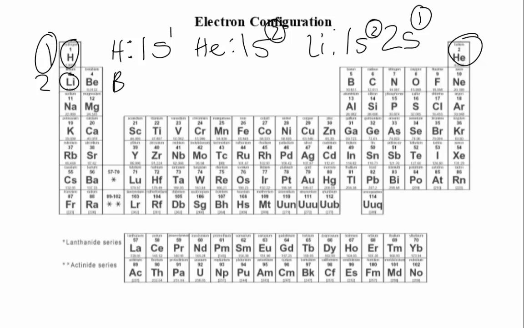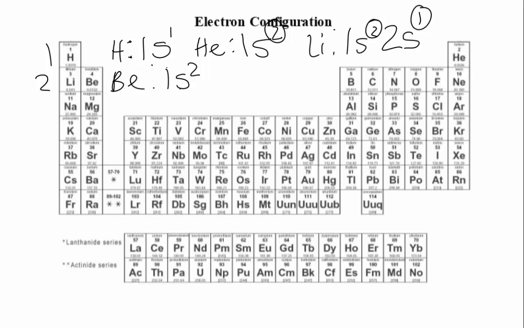Now continue with beryllium, which has a symbol of Be. I'll erase these circles here. To write the full electron configuration, we're going to do the same thing that we did with lithium. The first part of the electron configuration of beryllium is 1s2.